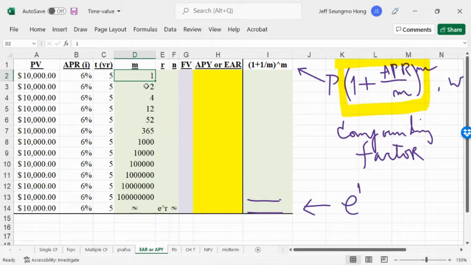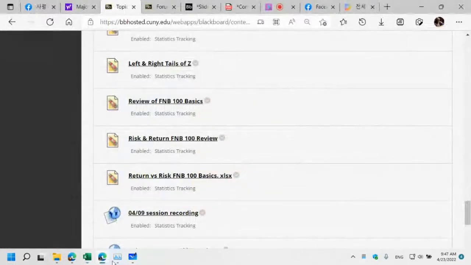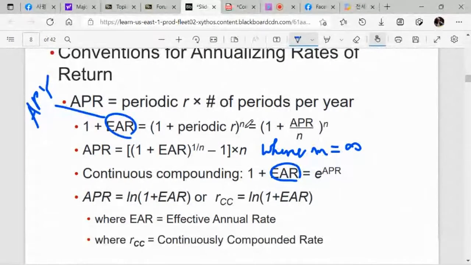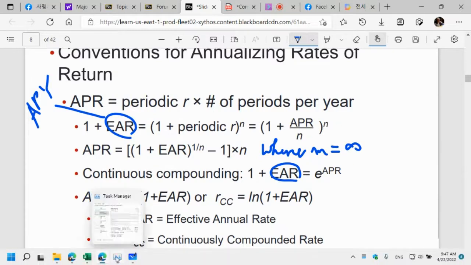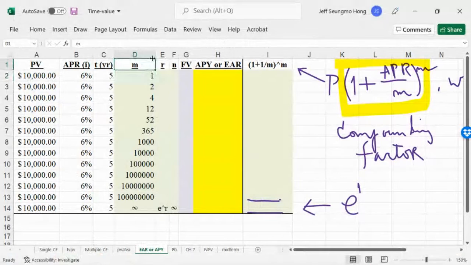Now, this is something you already learned in Finance 100, and I was also going over this in our last class. This N here is actually the compounding frequency per year. So this is actually M in my notation. What would M stand for? It will stand for how many times the compounding takes place during a year.